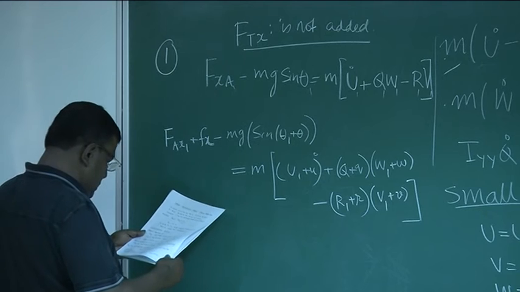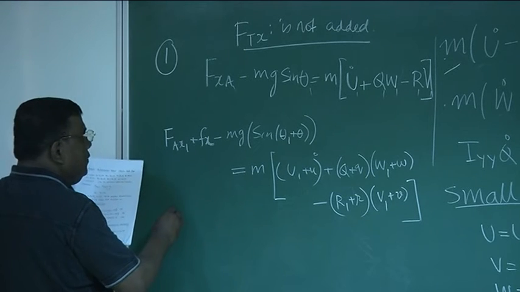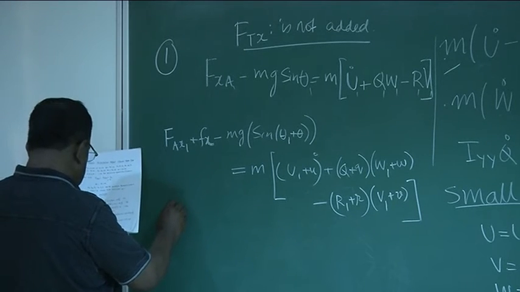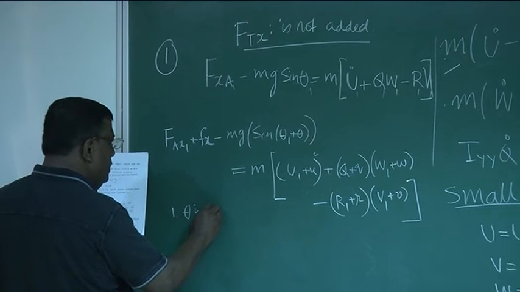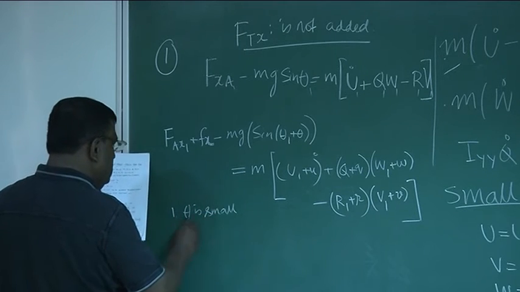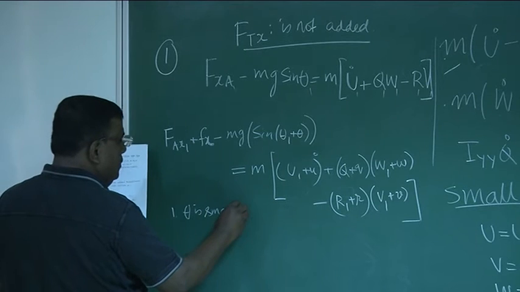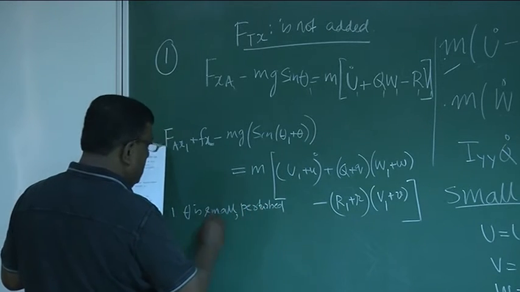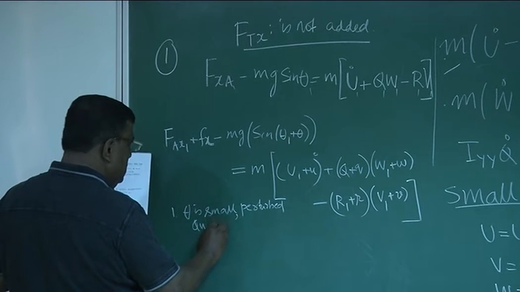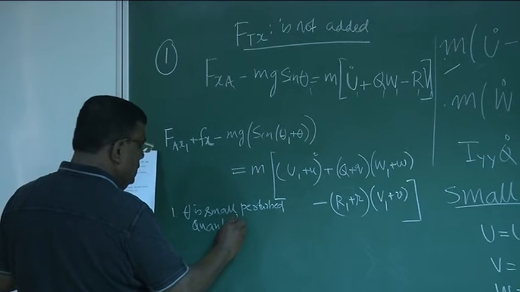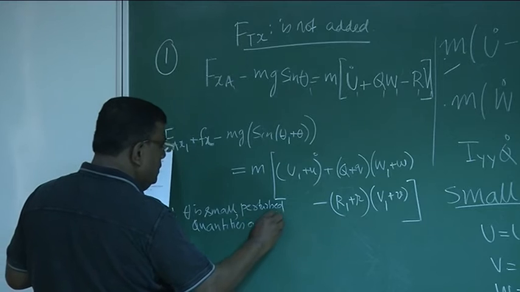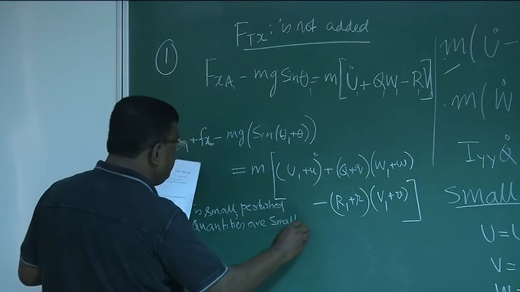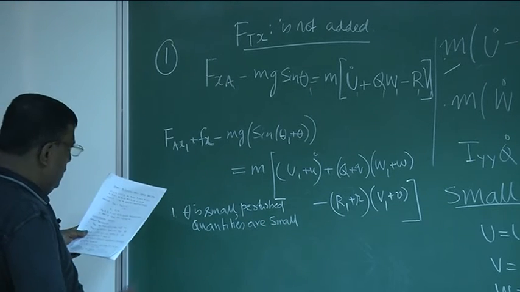And then I will put approximations. Number one, theta is small. Or rather, all perturbed quantities are small. And then I will expand it.